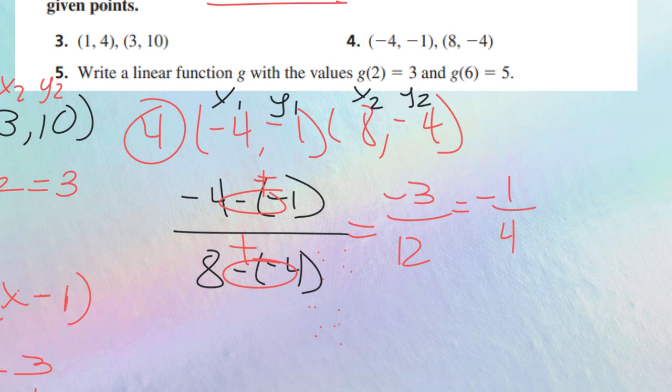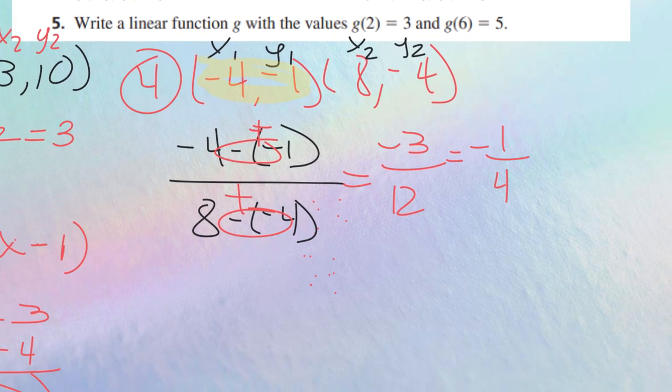So that's going to be our slope. We're going to use these points for our equation. So now I'm left with y minus what?